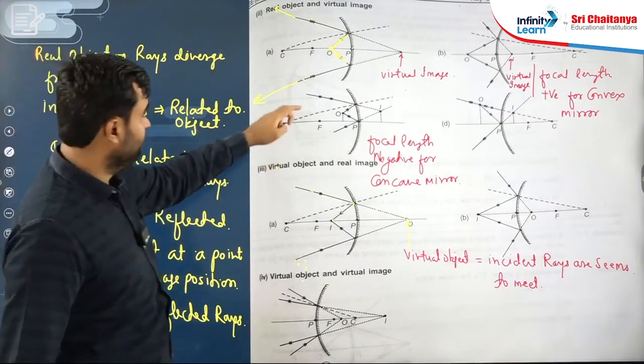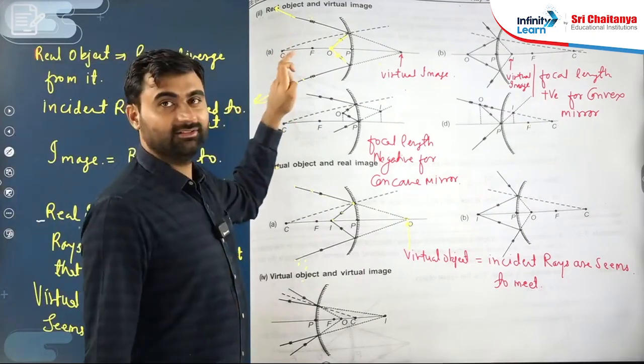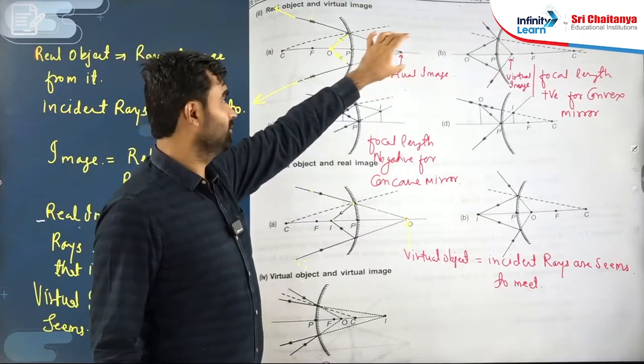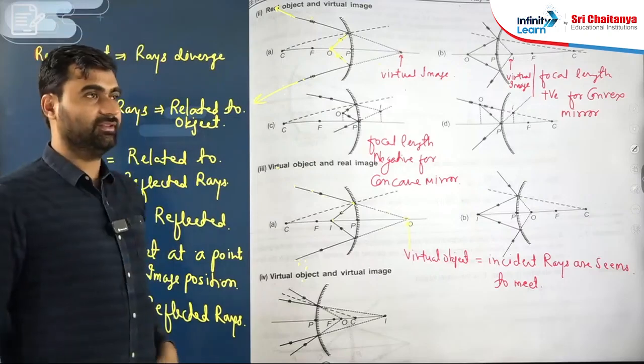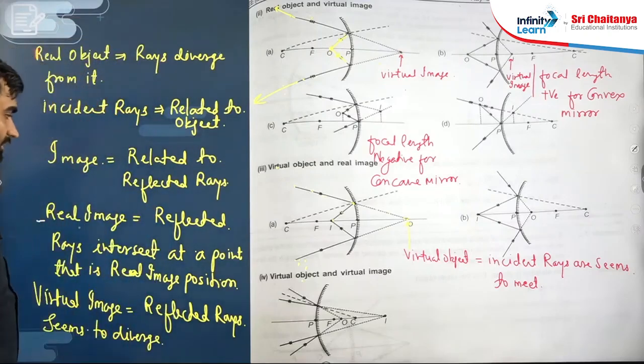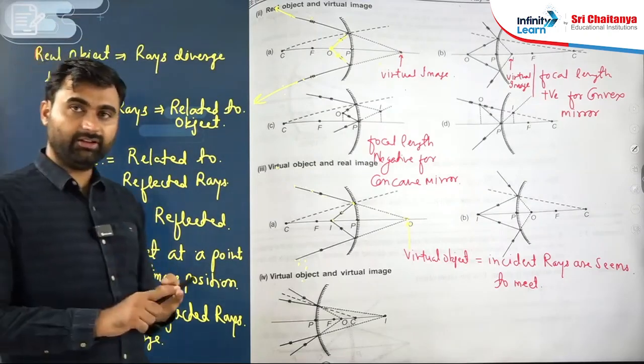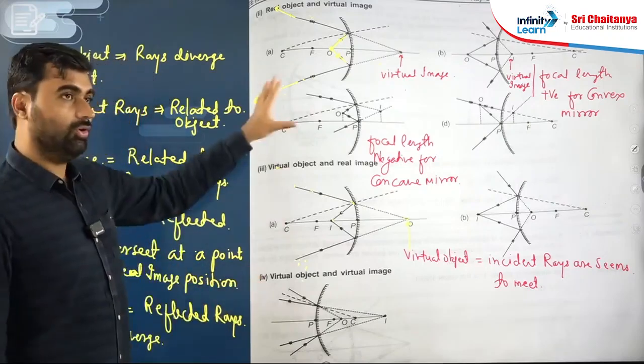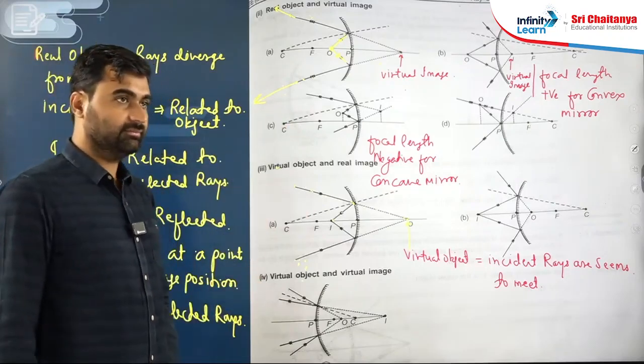From where these rays are coming, it seems that they are coming from this point. So they seem to diverge. Clear? Okay. So we understood real object, virtual object, real image, virtual image. All these points we discussed.